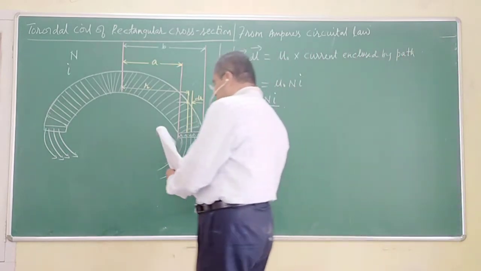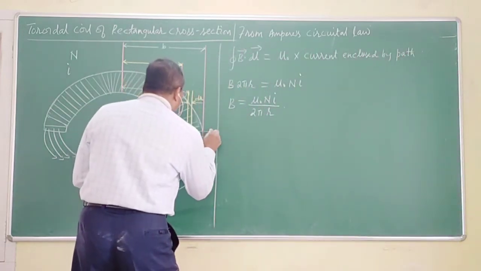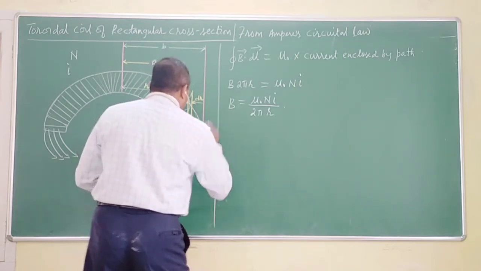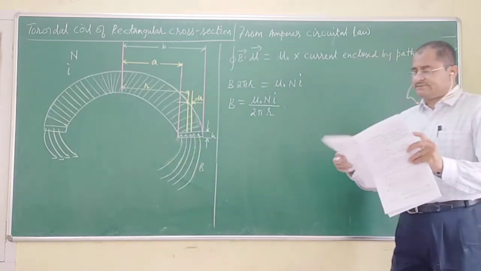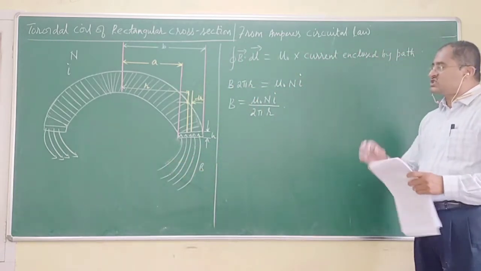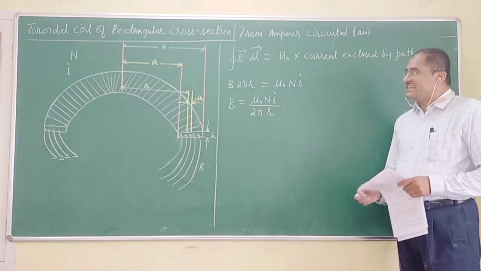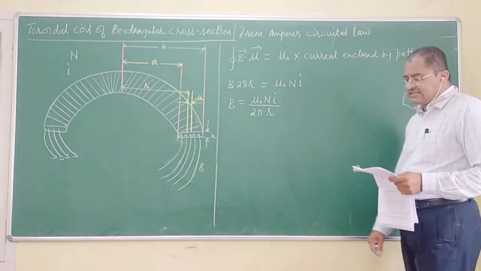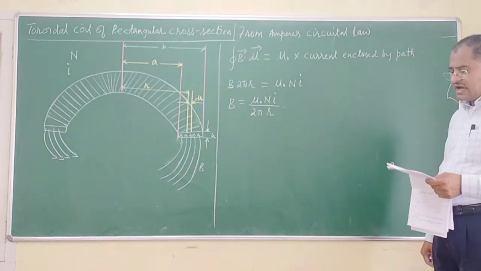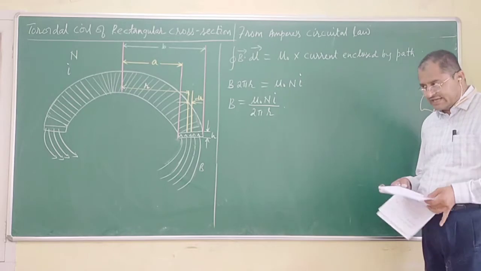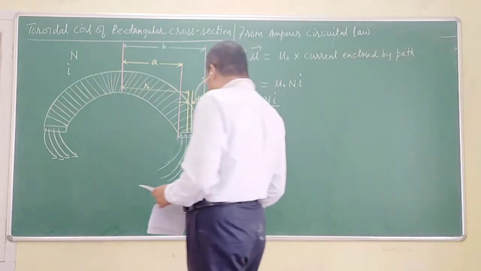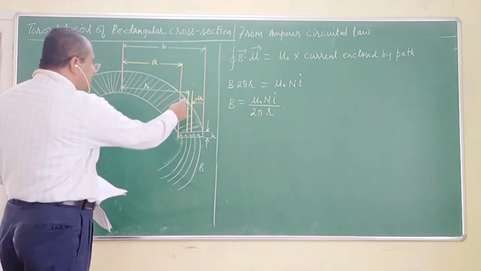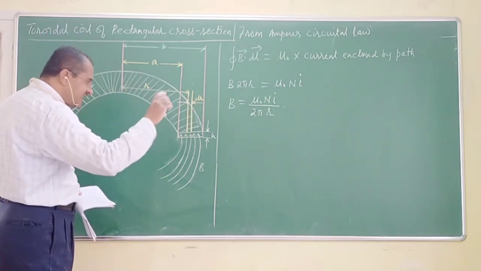I am considering a rectangular strip of width dr, height h, at a distance r from the center of the rectangular toroid. I repeat, I am considering a strip of width dr, its height is h.